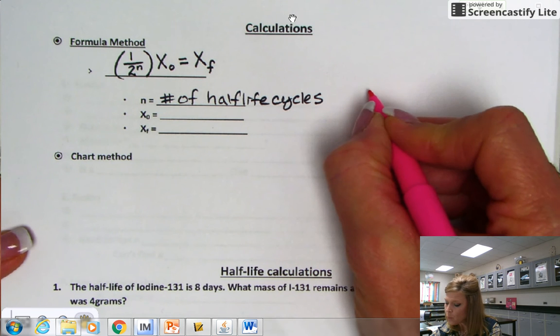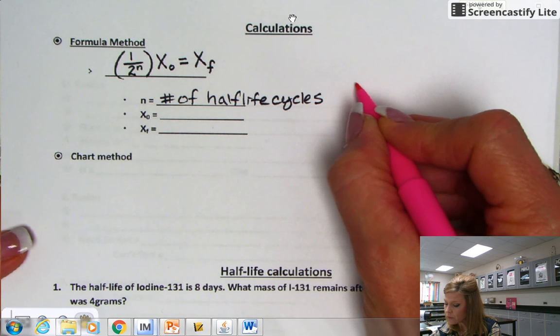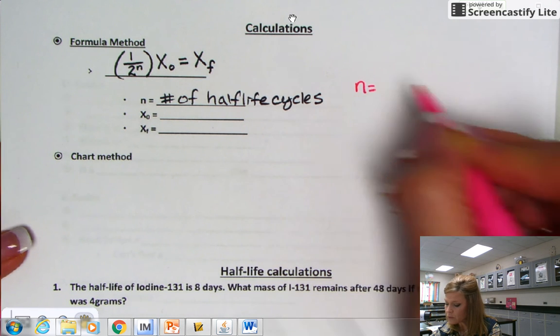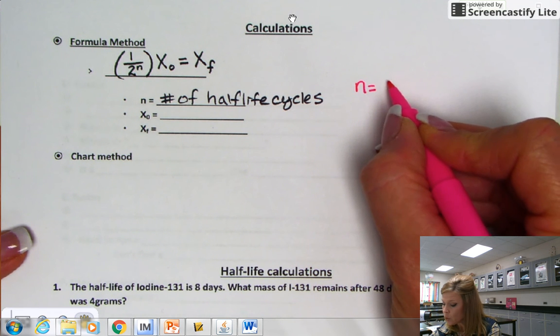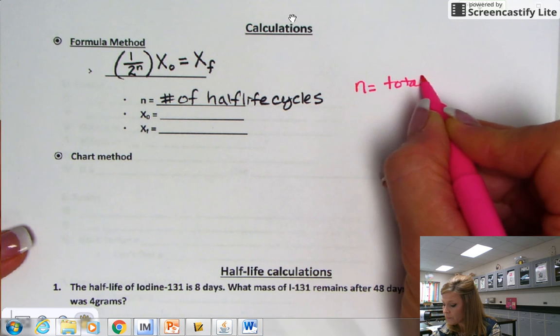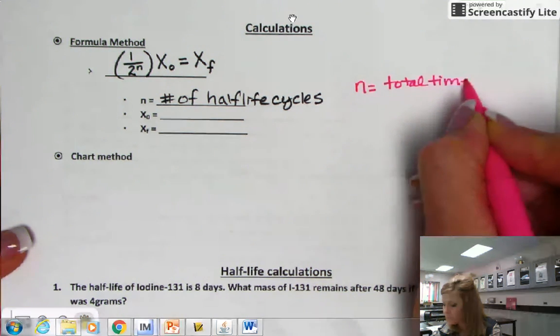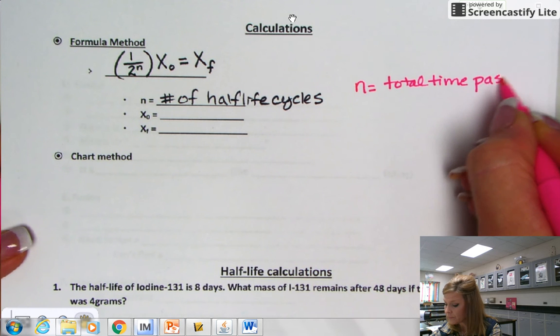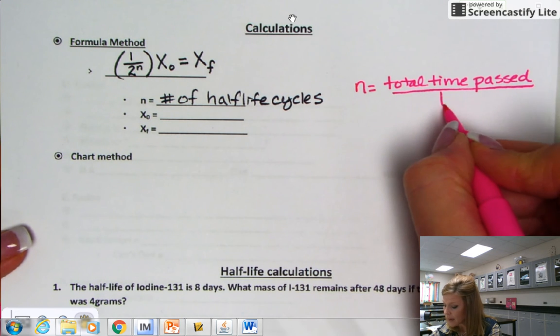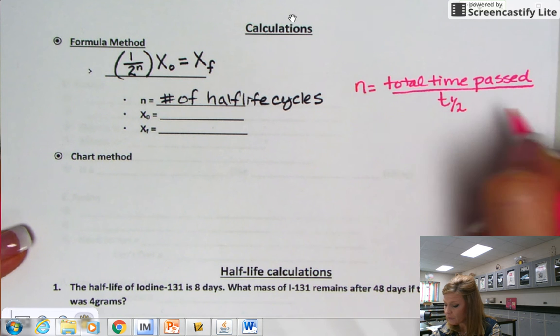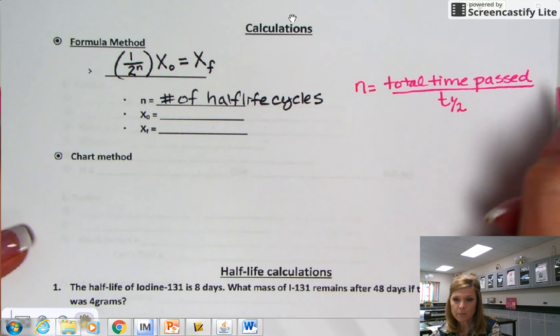So the way you can figure out the number of cycles, and again, N is your symbol for cycles, it's going to be calculated by taking your total time that has passed, dividing that by your half-life period. So T1/2, remember, is your half-life.